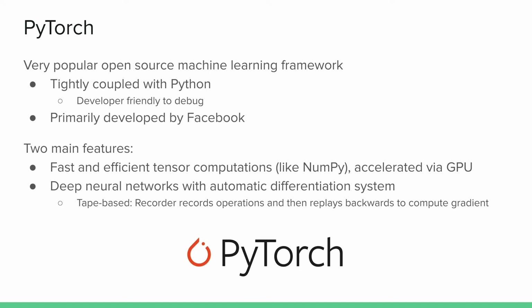And how it does it is it has a tape-based system where it records the operations that it took. So you're running an addition, you're running a multiplication, and it recorded these steps. And when you record and you know that the operation was an addition, you know how to compute the derivative, how to compute the backprop step. So that's what they're doing. So you can kind of replay this to compute the gradient.